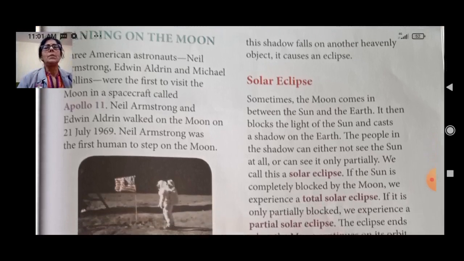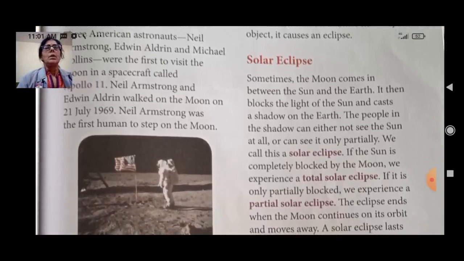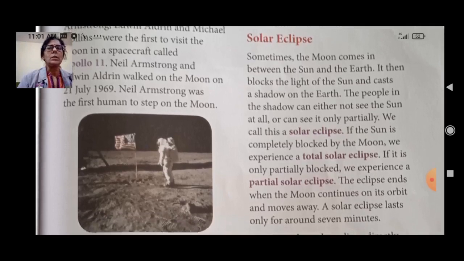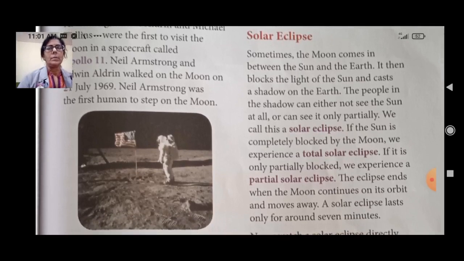Sometimes the moon comes in between the sun and the earth. When the moon comes between the sun and the earth, it blocks the light of the sun which is falling on the earth, right?